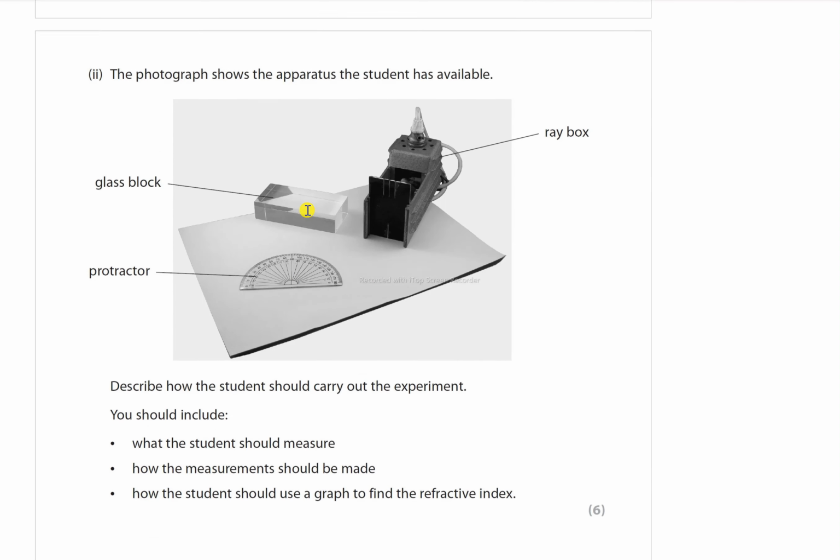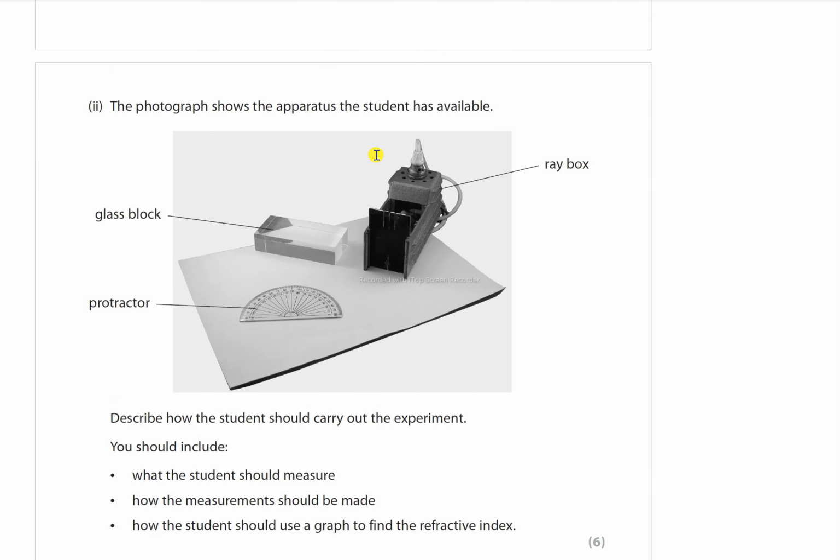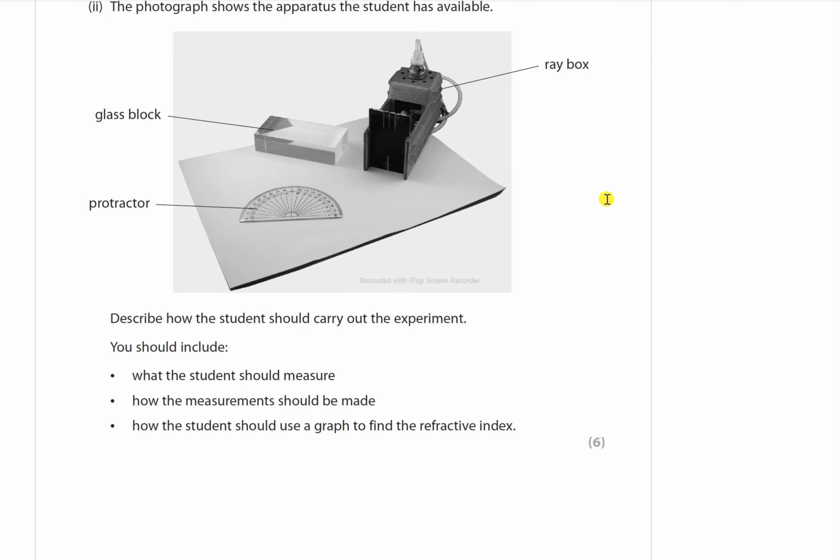Right, okay, there you go. We haven't done this in the other videos, but this is the one that I was looking for. It's an experimental detail. So we've got the ray box. We'll have a single ray coming out of there.